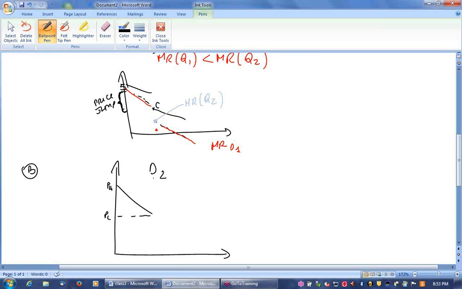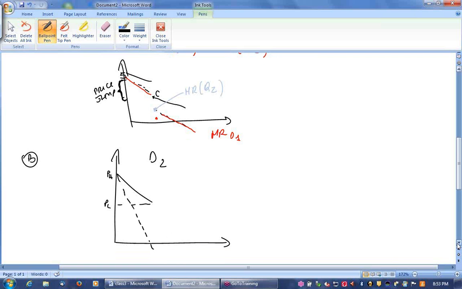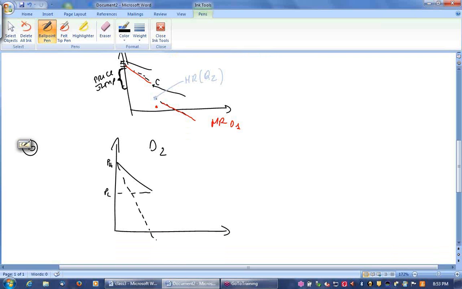Okay? So again, to find the profit maximizing price, we have to draw the marginal revenue curve. Find the point where it crosses the marginal cost. And find the price of equilibrium.